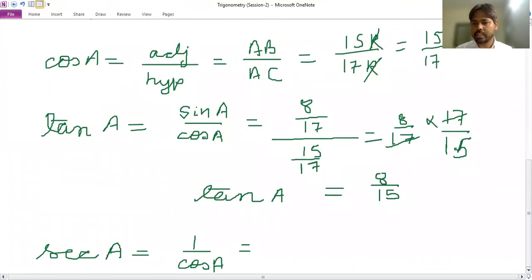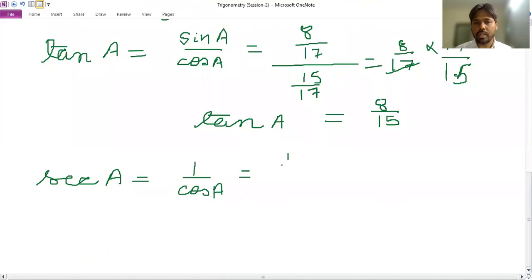So taking the reciprocal, 1 upon 15 by 17, we will be left with the value of 17 upon 15.